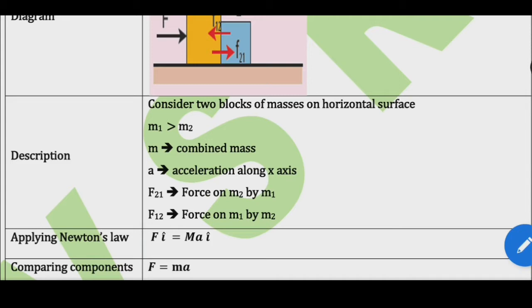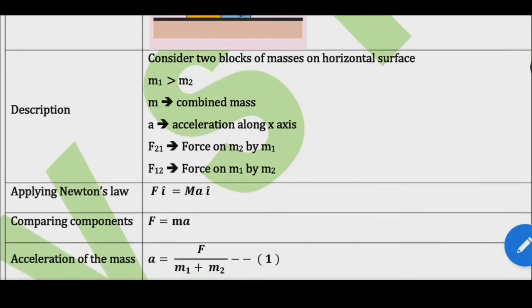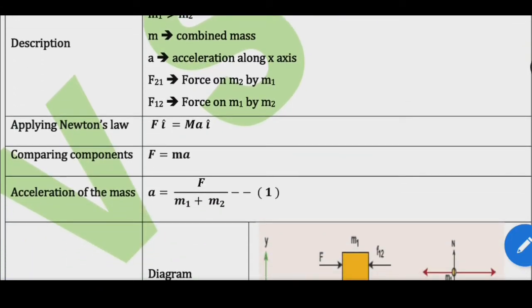So i cancels. By comparing components on both sides of the above equation, F i cap is equal to m A i cap. So i cap cancels. Now we get the equation F is equal to m A, where m is equal to m1 plus m2. The acceleration of the system is given by A is equal to F by m1 plus m2.